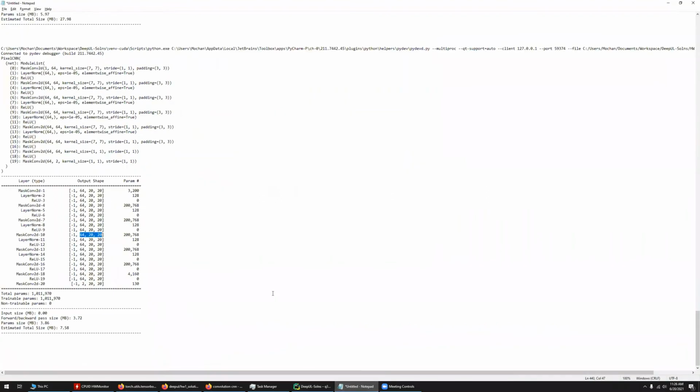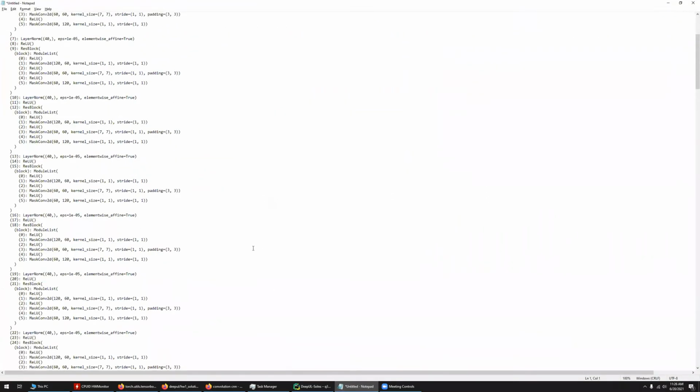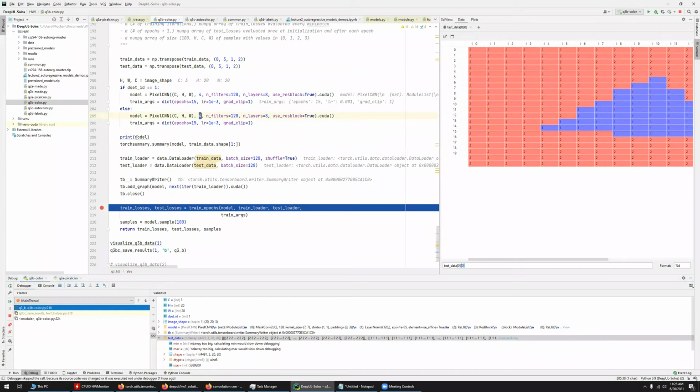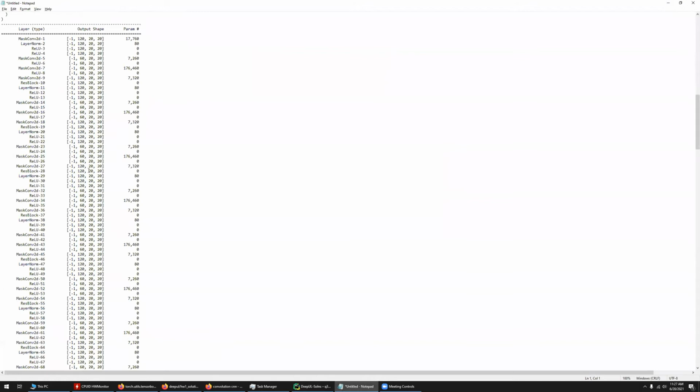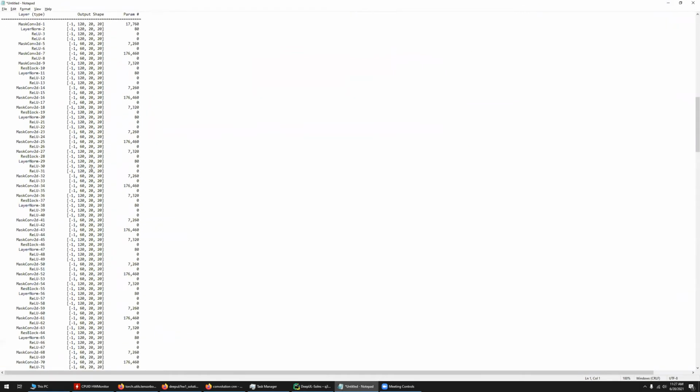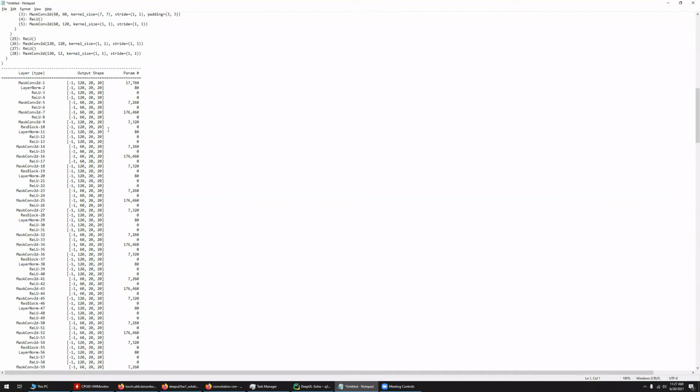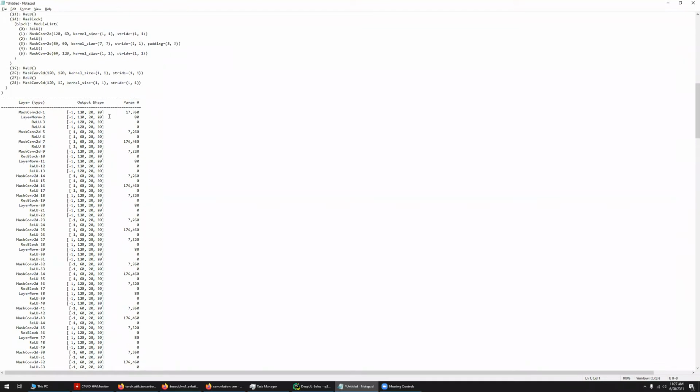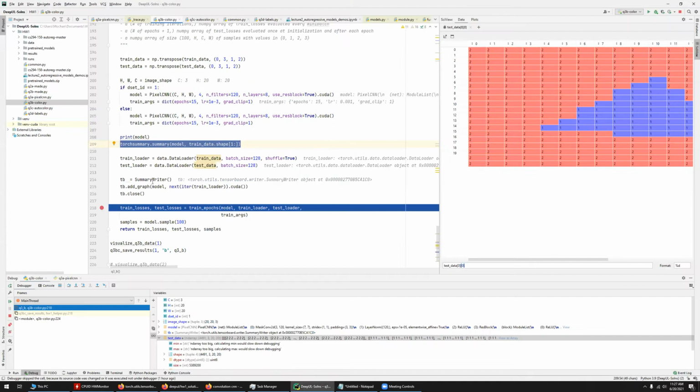And so if we look at the architecture here, so I added this print model and then also the summary. And this writes up this model, so it shows the full model, what the output shape is. But this one shows you more in detail about it. And there's also this one, the TensorBoard summary.